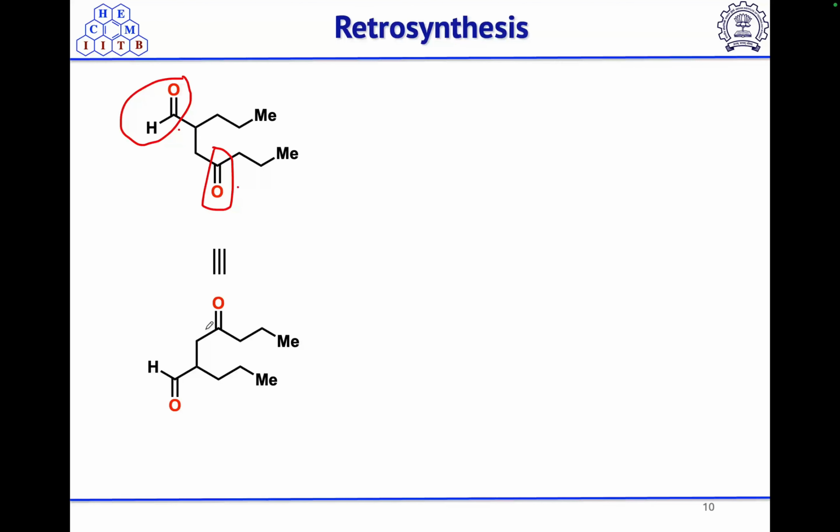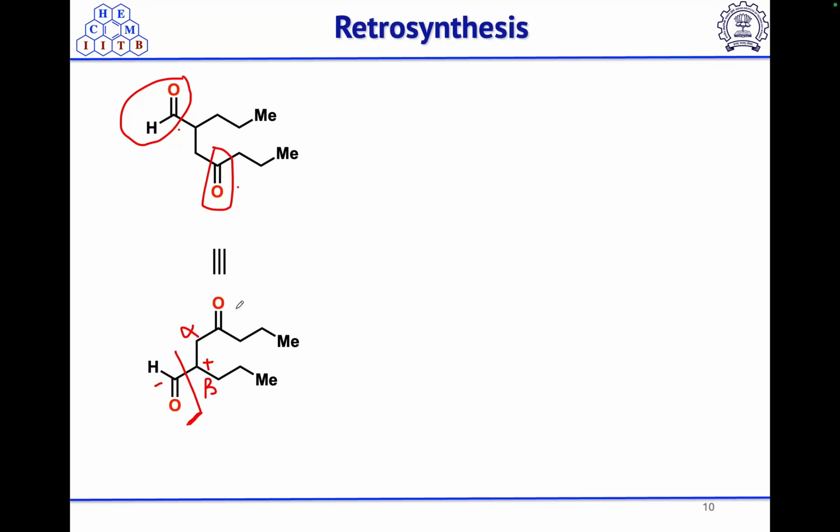So now we can think: this is the carbonyl compound, this is the alpha carbon, and this is the beta carbon. So we can easily plan the C-C bond disconnection for this C-C bond. We can think this carbon can be positive and this carbon can be a negative charge.